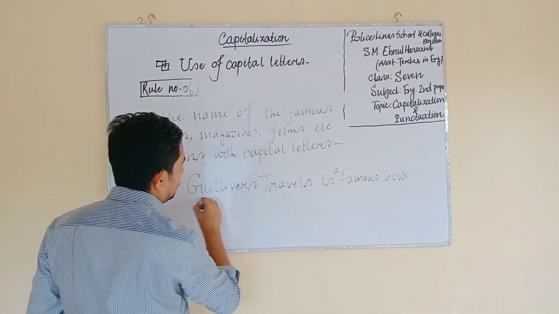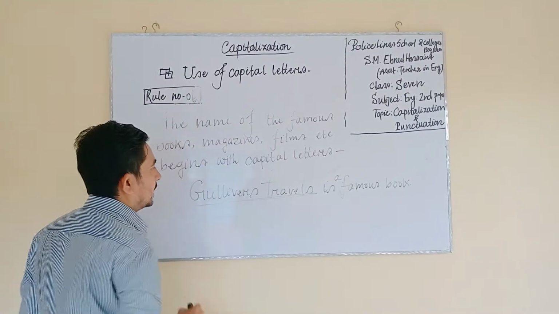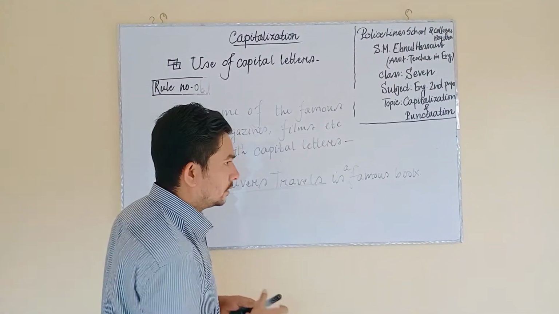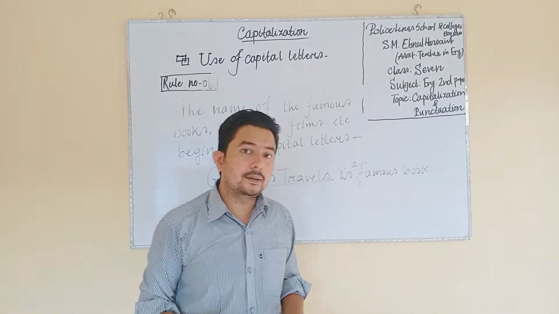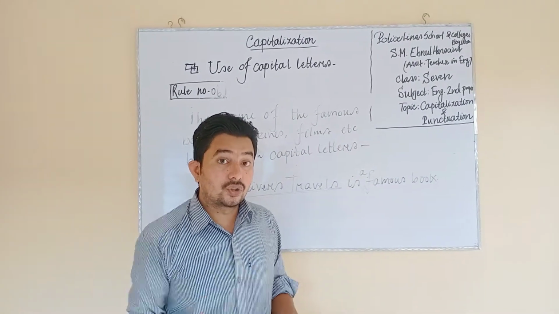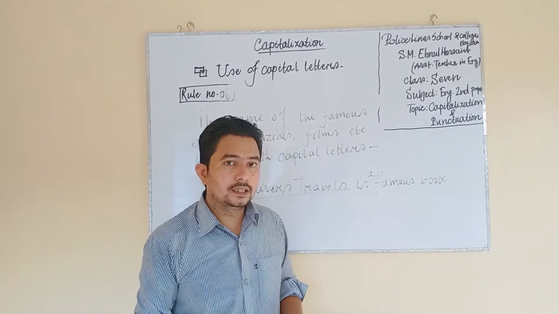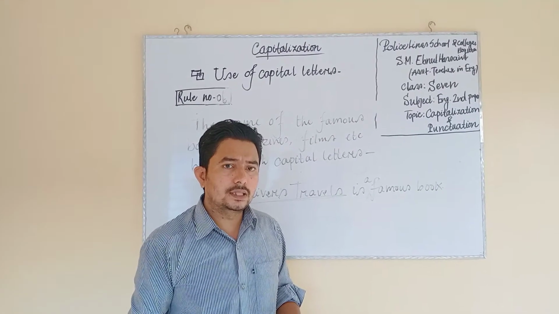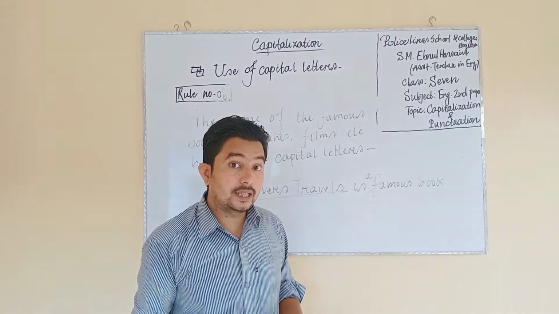So this is the name of the particular book, Gulliver's Travels. And you may write, The Arabian Nights is a very interesting storybook. So here the Arabian must begin with the capital letter A.